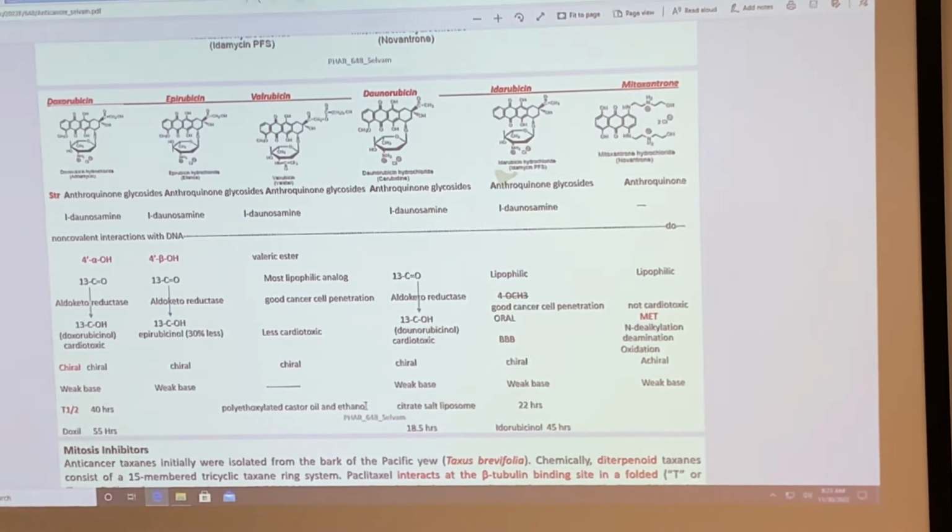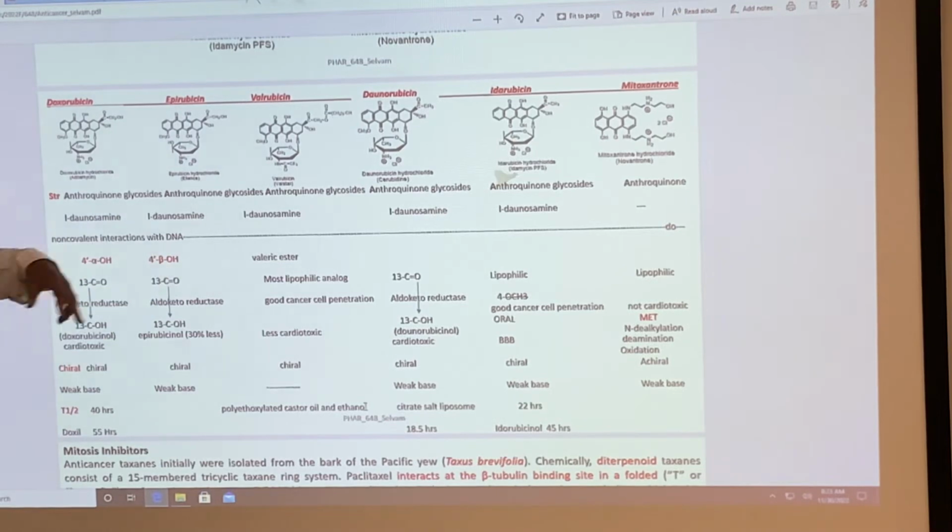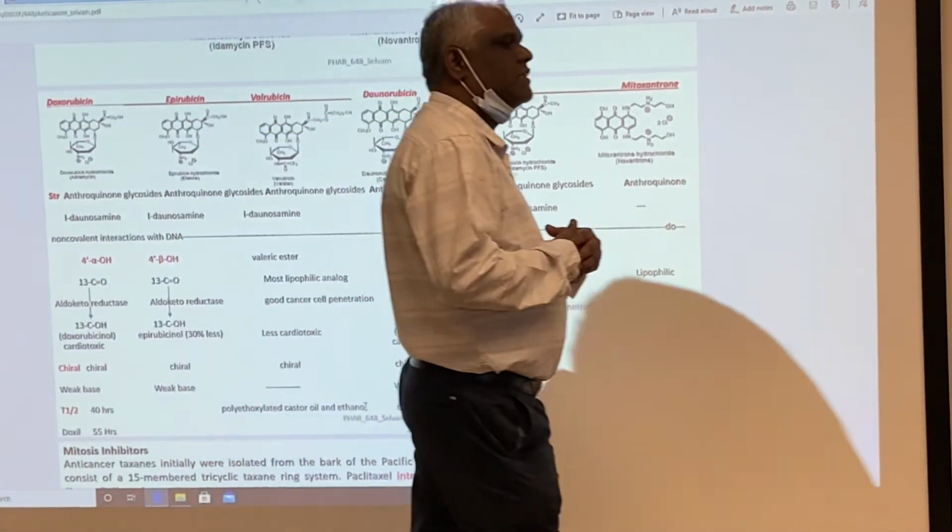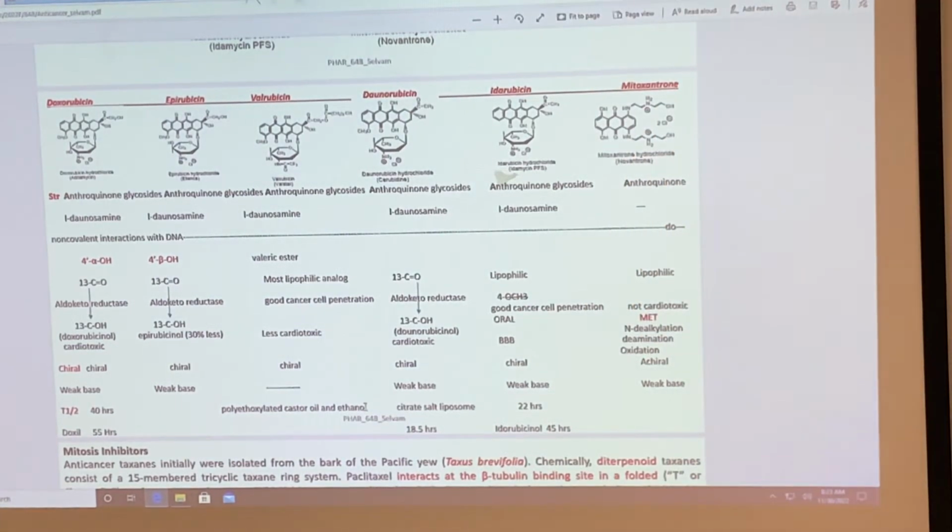The sugar moiety attached is daunosamine, L is levorotatory, and the mechanism is non-covalent interaction, a reversible interaction, and this is an epimer of this one, once the stereochemistry is changed. And remember that is a cardiotoxic metabolite. In several cases we get the cardiotoxic metabolite, that is a rubicinol. That alcohol metabolite is cardiotoxic.